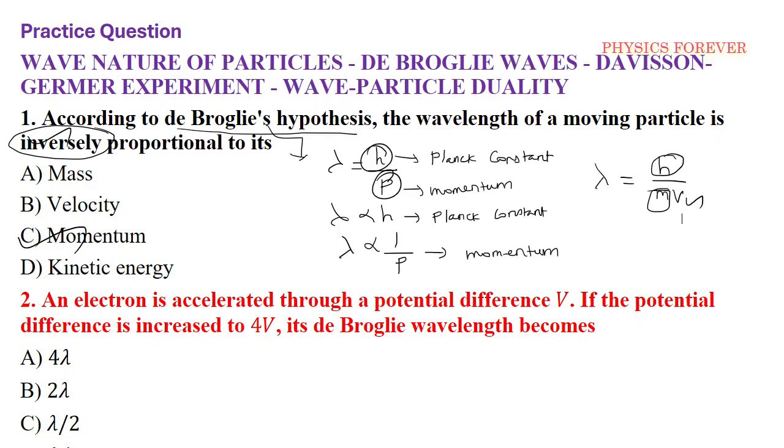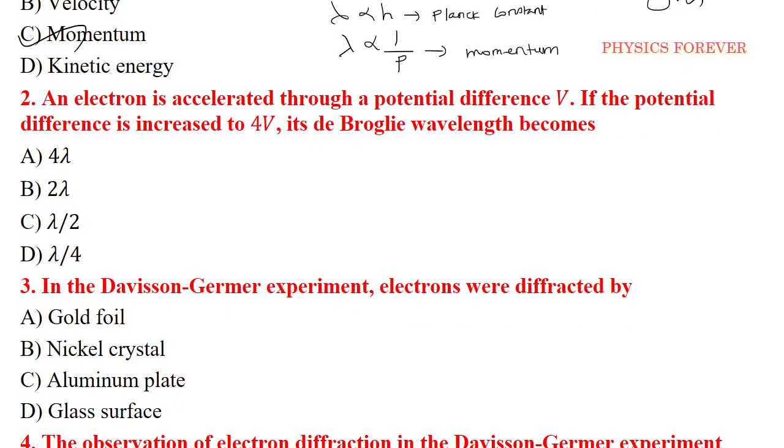Question number 2. An electron is accelerated through a potential difference V. If the potential difference is increased by 4V, what does the de Broglie wavelength become? We already solved this. The de Broglie wavelength is Planck's constant h by momentum p.